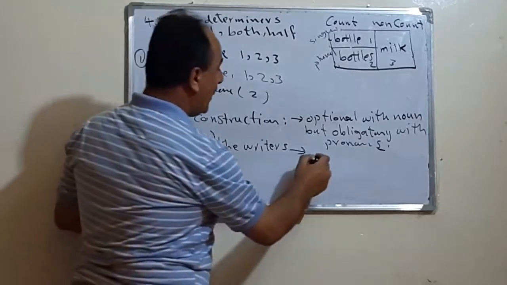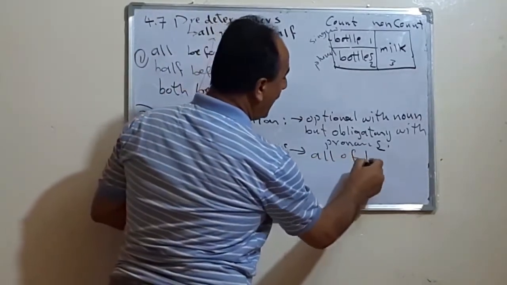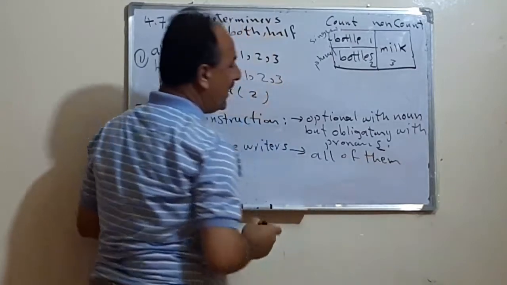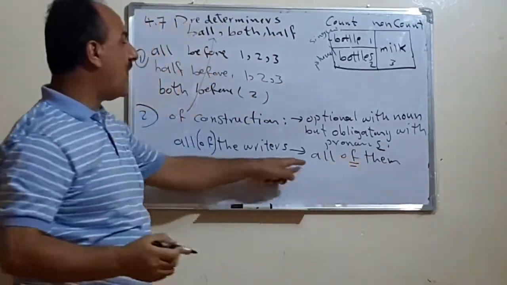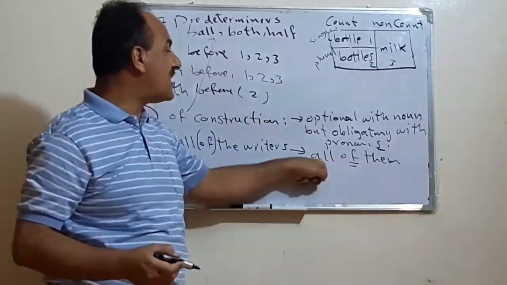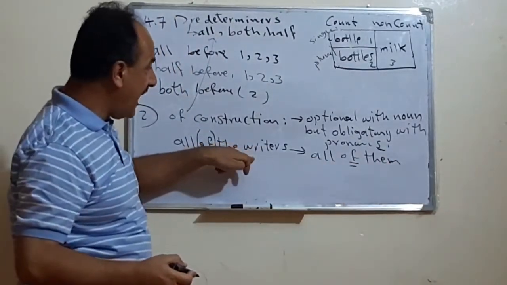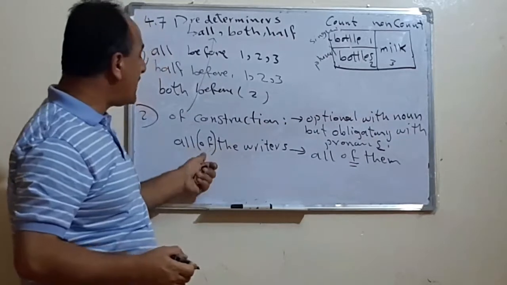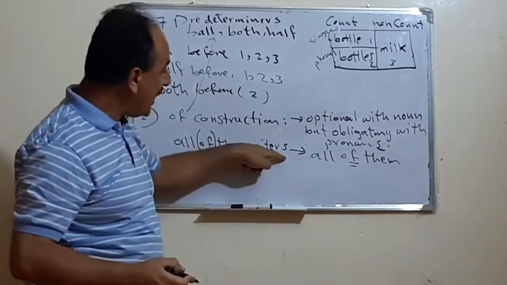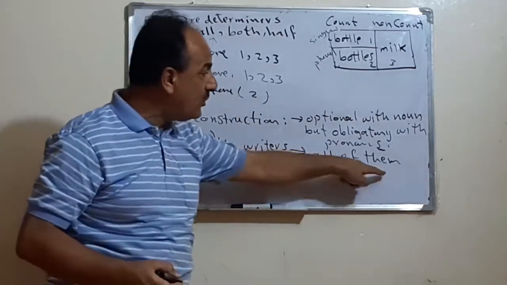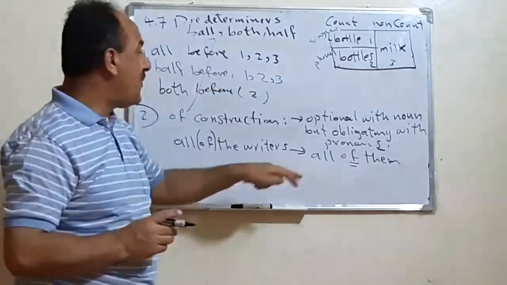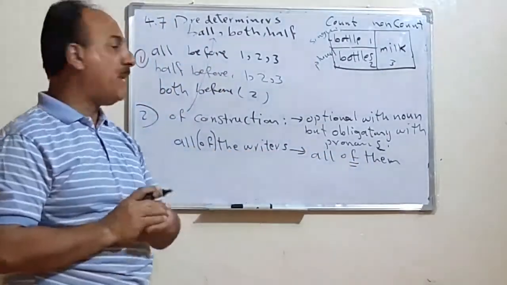But we say all of them. Here it is obligatory. We cannot say all them. We have to say all of them. Because writers is a noun, of is optional, but when we change the noun into a pronoun, of becomes obligatory.